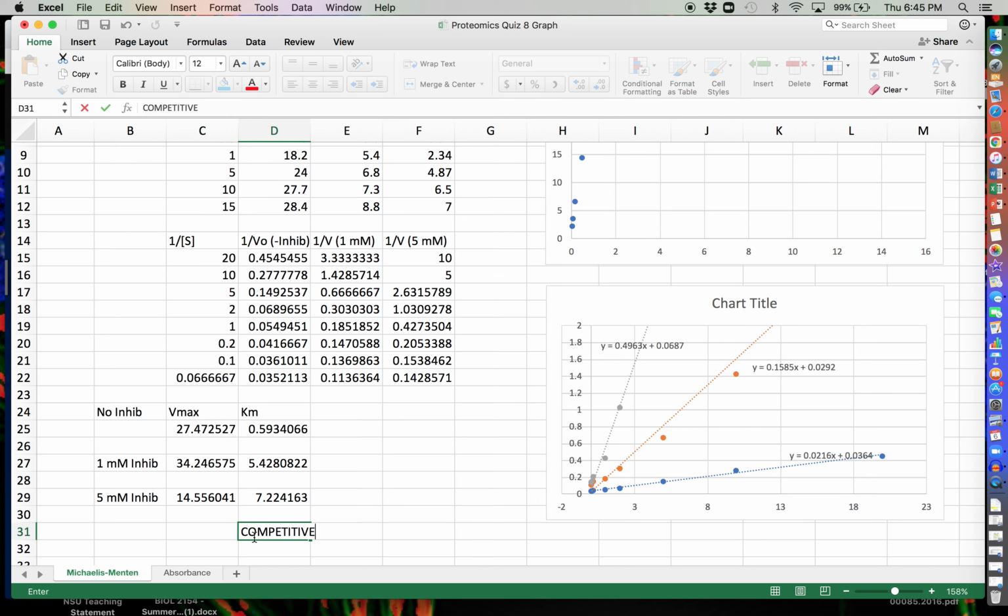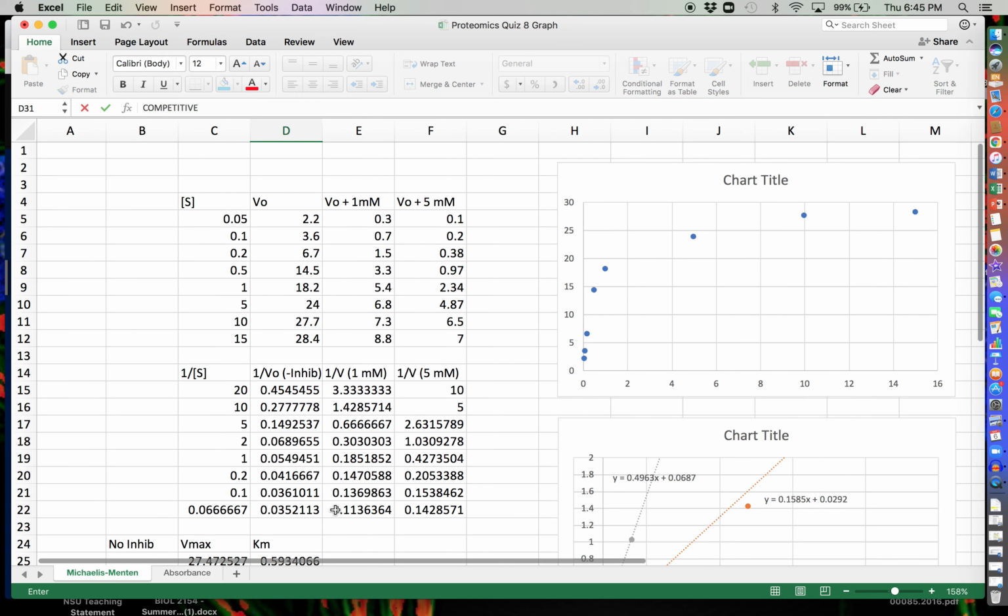That would cause the Km to go up, indicating that the enzyme has a lower affinity for the substrate, but the Vmax ultimately would not change, because you can still reach that maximal velocity assuming that you get the substrate concentration high enough. It is worth noting that I think these data would have looked a little cleaner if maybe we had tested some higher concentrations of substrate.